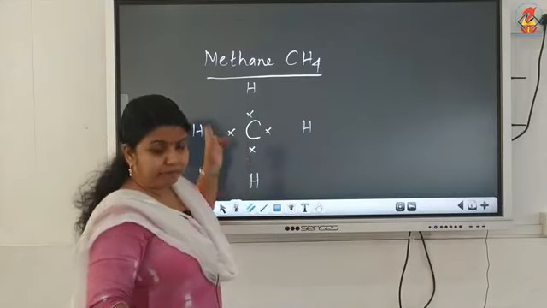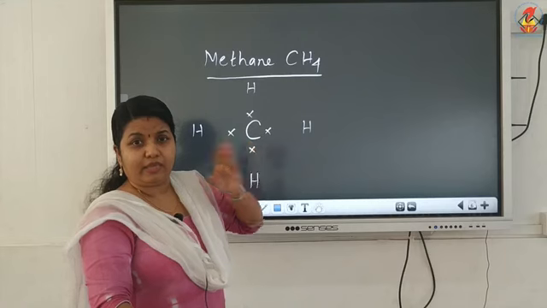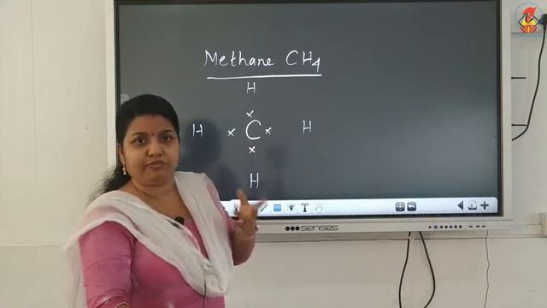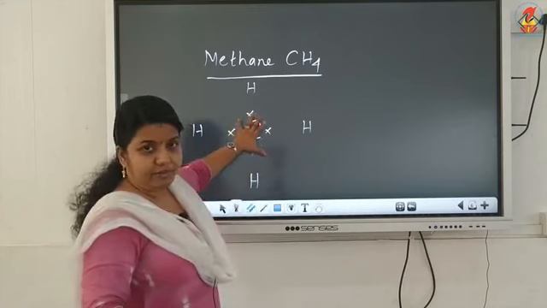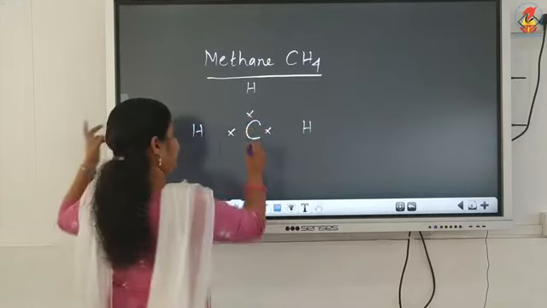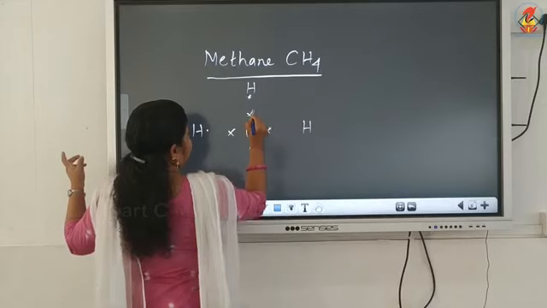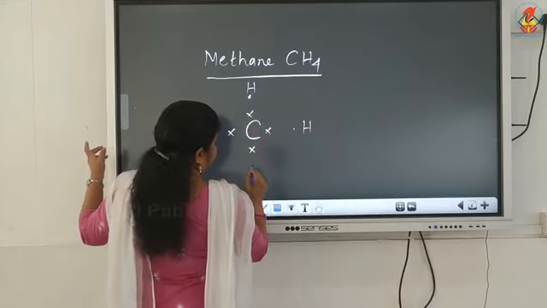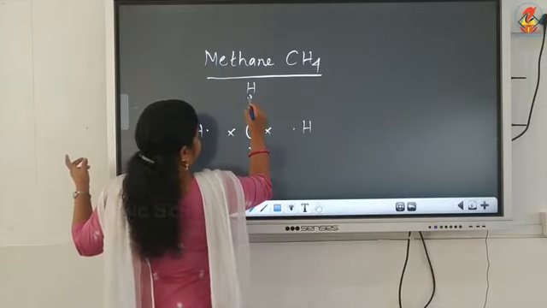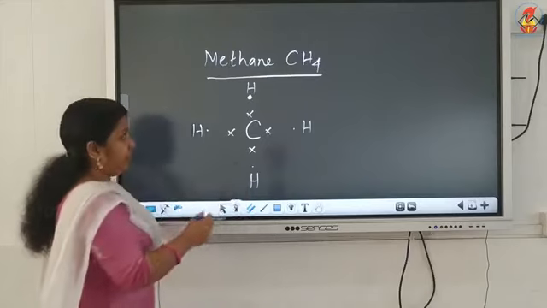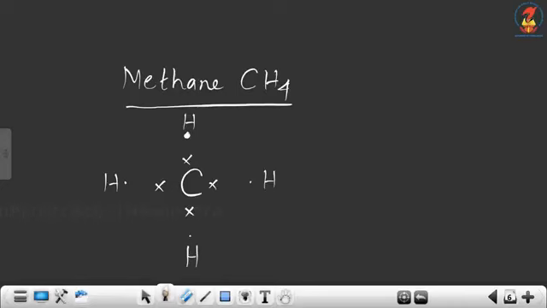If the combining atoms are different, same sign shouldn't be used. Use different sign. Carbon I will use cross sign and hydrogen I will use dot. Electrons are represented as dots. Electron dot structure. Electrons of hydrogen are represented with dot and electrons of carbon are represented with cross sign.